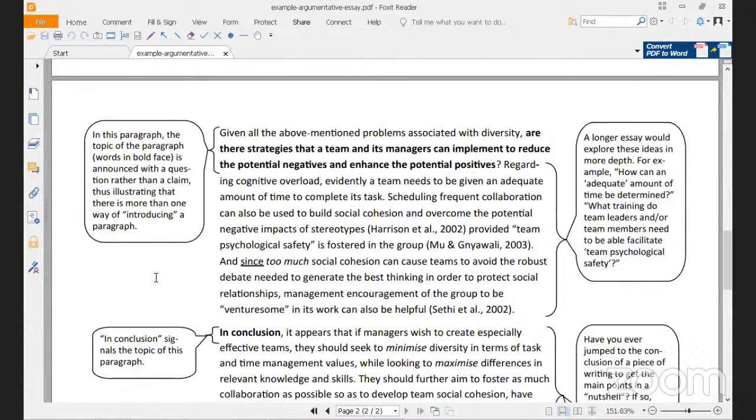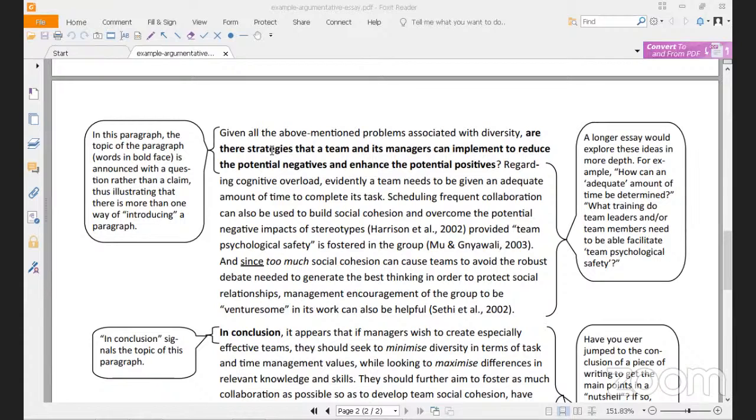Given all the above mentioned problems associated with diversity, there are strategies that team and its managers can implement to reduce the potential negatives and enhance the potential positives. Regarding cognitive overload, evidently a team needs to be given an adequate amount of time to complete its task. Scheduling frequent collaboration can also be used to build social cohesion and overcome the potential negative impact of stereotypes.